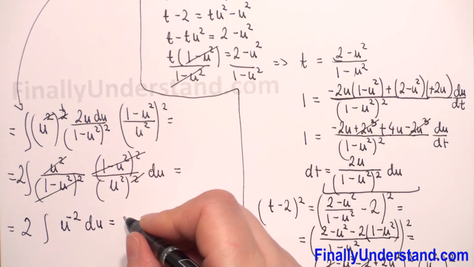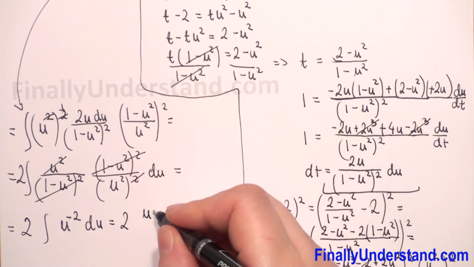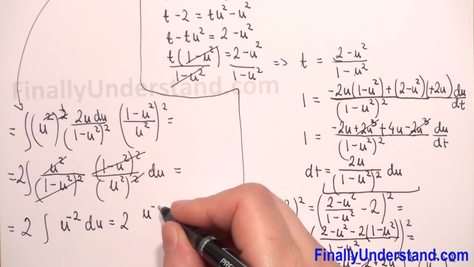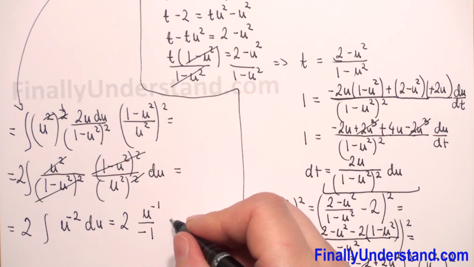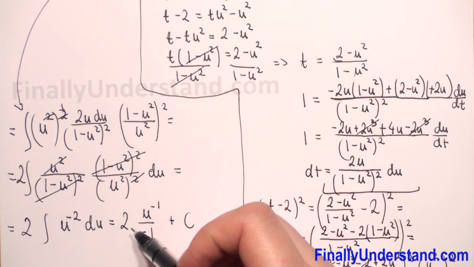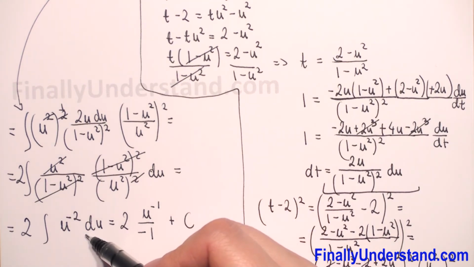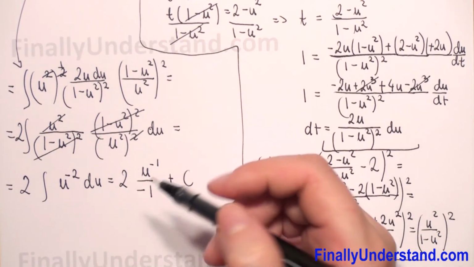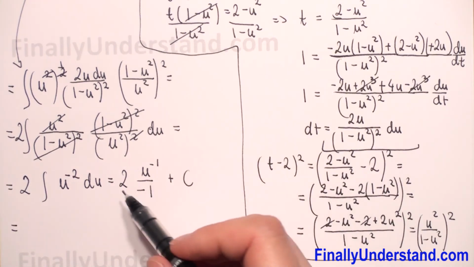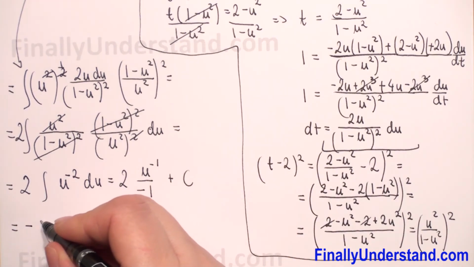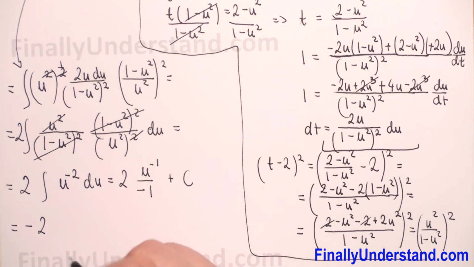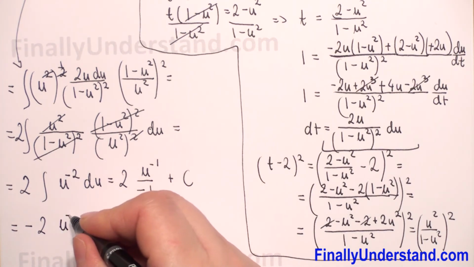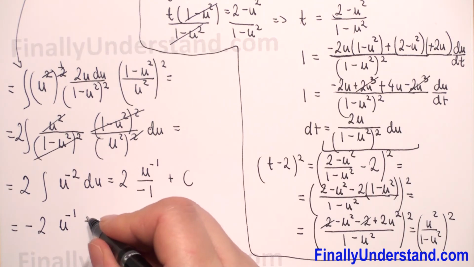So this is equal to u to power negative 1 over negative 1 plus constant c, as I just used the integral of power function formula. So this is equal to, positive times negative is negative 2, and we have u to the negative 1 power plus constant c.